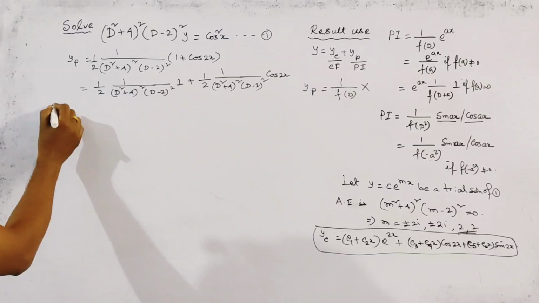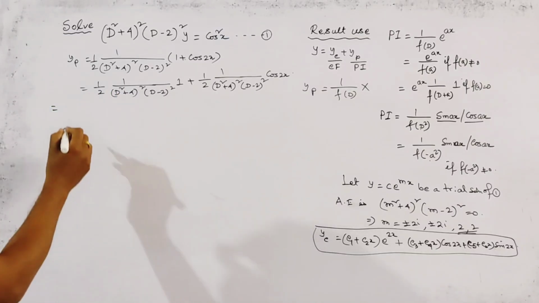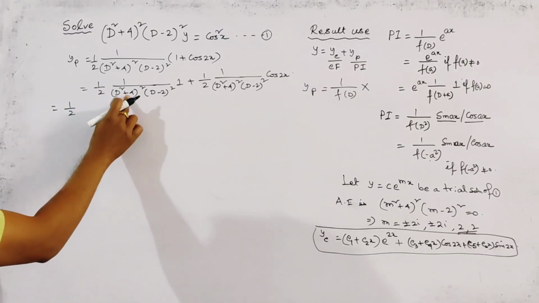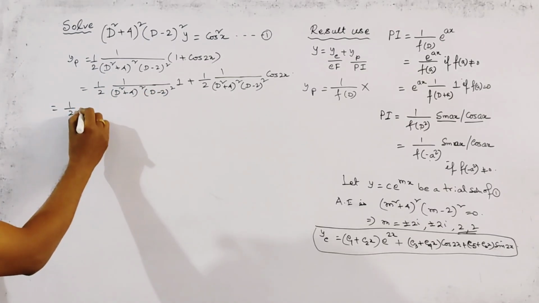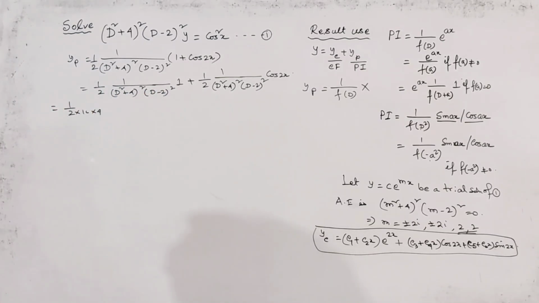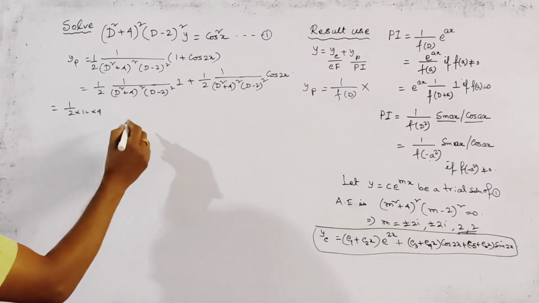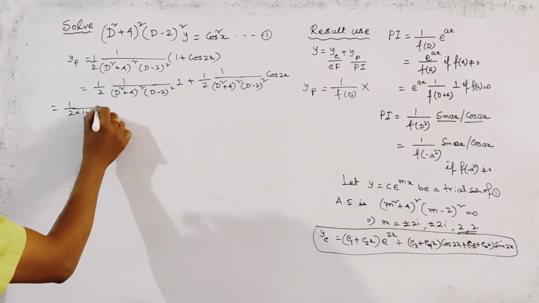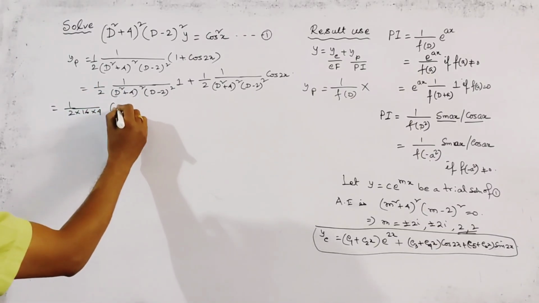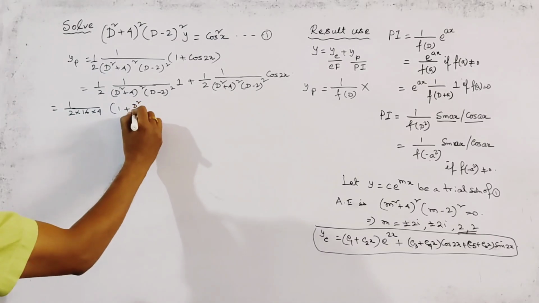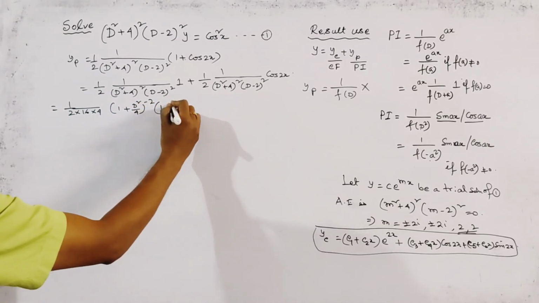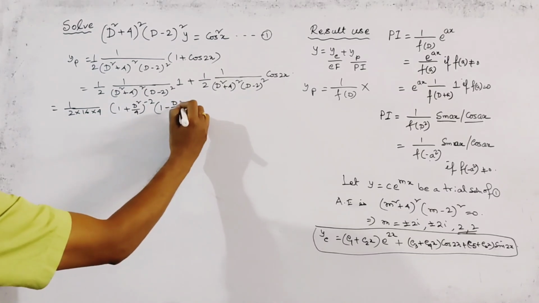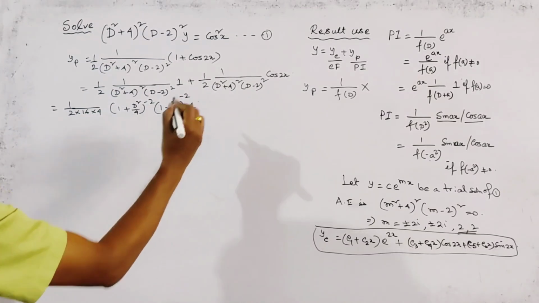Now for the first portion we take common 4 and also 2. From here and here we get 16 and 4, because this is squared and this is also squared, and the expression can be written as 1 plus d square by 4 whole to the power minus 2, and 1 minus d by 2 whole to the power minus 2 into 1.